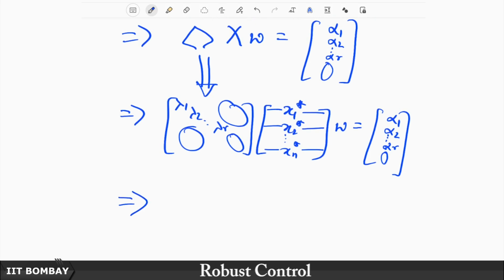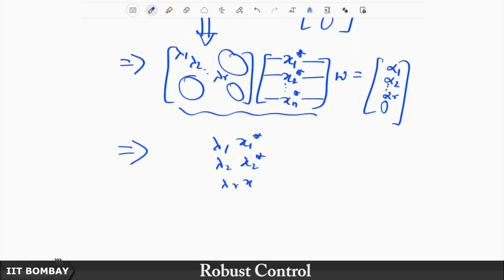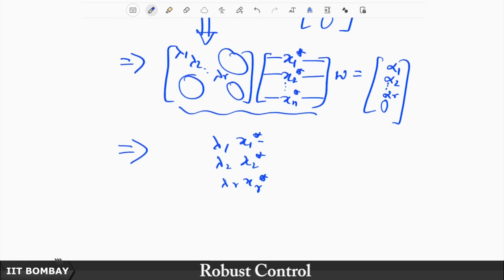In other words, if you carry out this multiplication here, you will get that this is equal to lambda 1 x1 star, lambda 2 x2 star, dot dot dot till lambda r xr star.